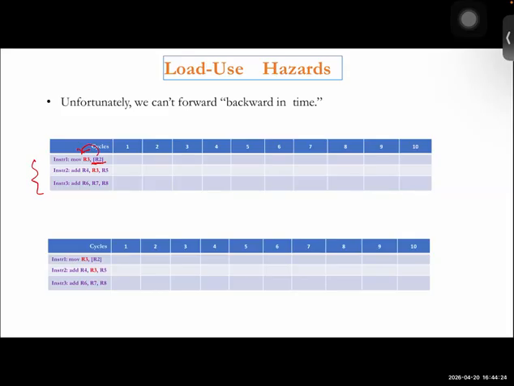Whereas instruction 2 adds R3 and R5 and writes the result back into R4, whereas instruction 3 adds R7 and R8 values and writes the result back into R6.